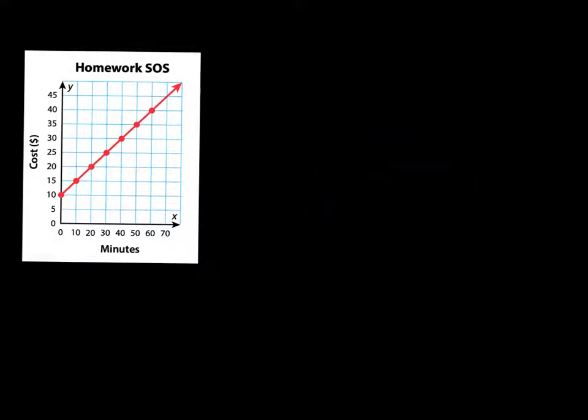All right, so if you are given a graph like the one that you have on the left side, it says homework SOS. Now, to find the equation of that line, what we're going to do is find the slope and also the initial value. So the initial value for a graph is where it begins or wherever it crosses the y-axis.